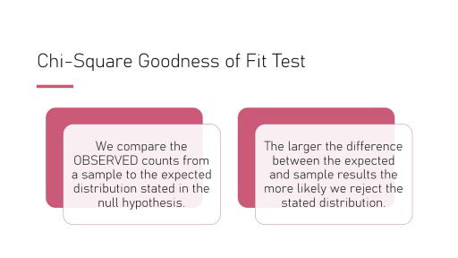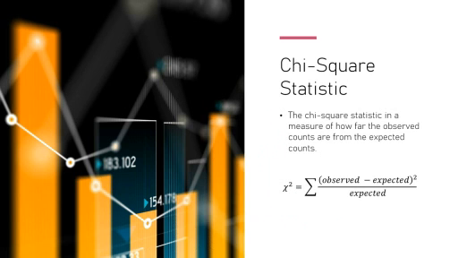So this is just, again, trying to find, does it fit a certain distribution? A chi-squared test compares the observed values to the expected values. To find the chi-squared, you take the observed value, subtract it from the expected value, square that number, and then divide that by the expected value.